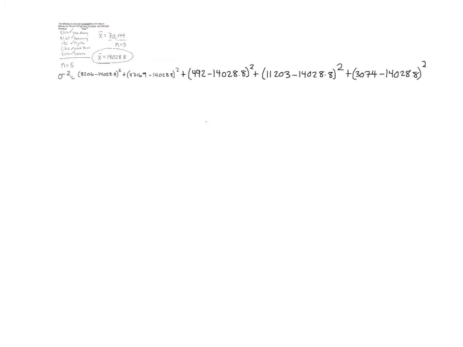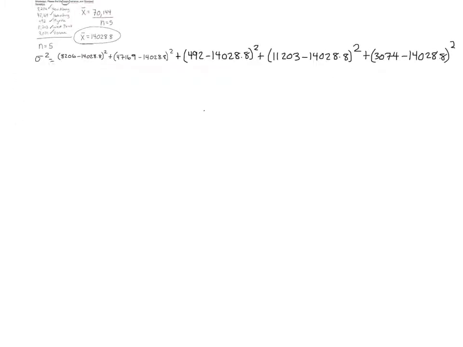So let's look at what I've got written down. I've got New Albany's population minus the mean squared plus Hattiesburg's population minus the mean squared plus Myrtle's population minus the mean squared plus West Point, and then Verona. So those are all the populations.